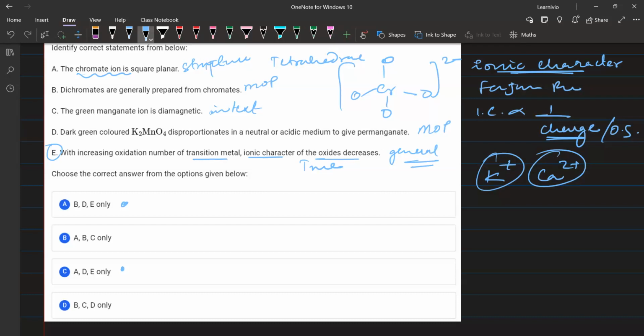So A is false. If A is false, the C option cannot be true. So the only option left is the B, D, and E option. Permanganate is also paramagnetic, not diamagnetic. So identify the correct statements below.